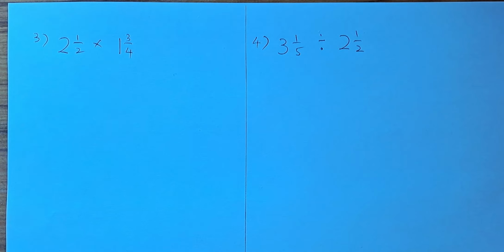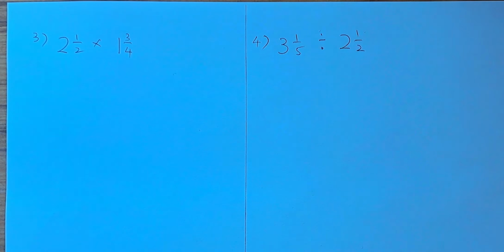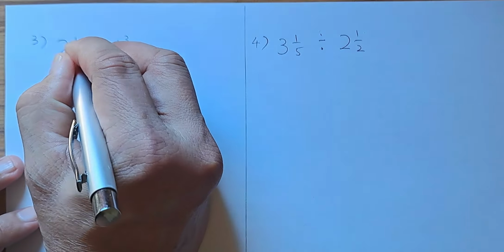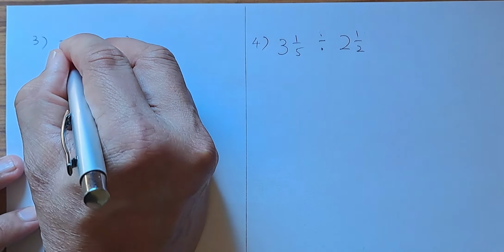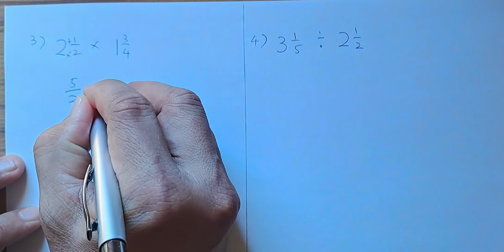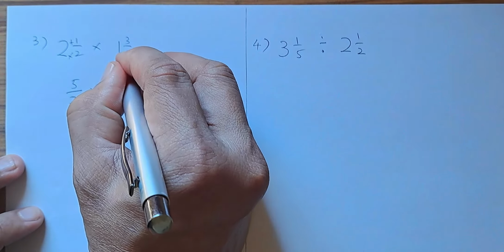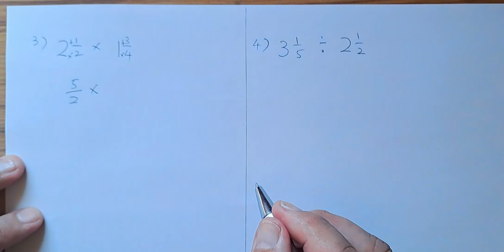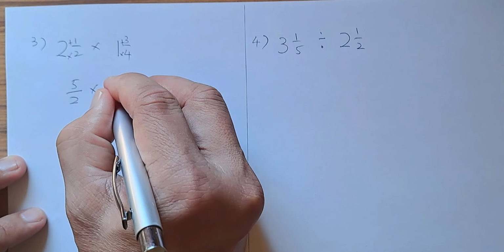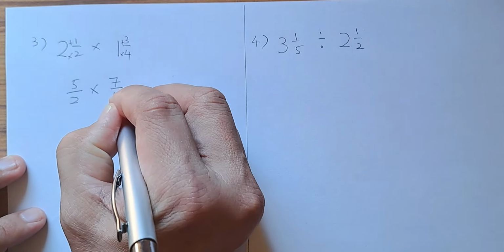You need to first convert them. So 2 1/2 is the same as 2 times 2 plus 1, which gives you 5 over 2, multiplied by 1 times 4 plus 3. 1 times 4 is 4, plus 3 is 7, so multiplied by 7 over 4.